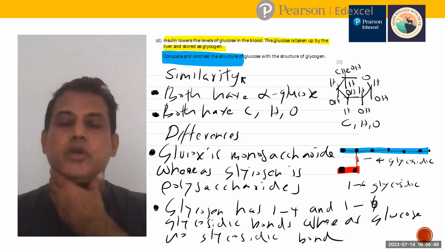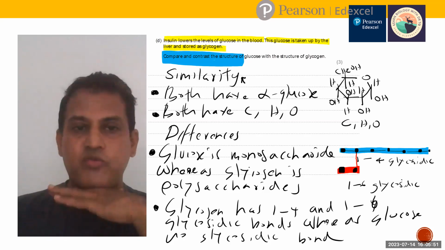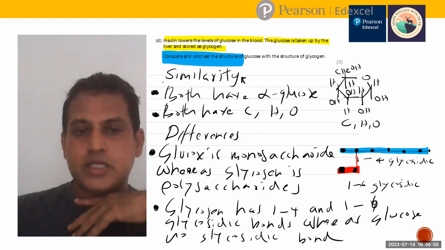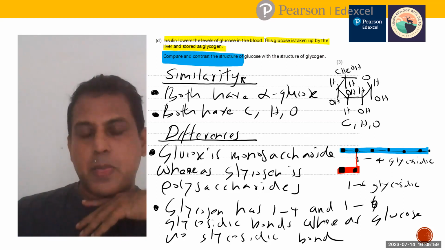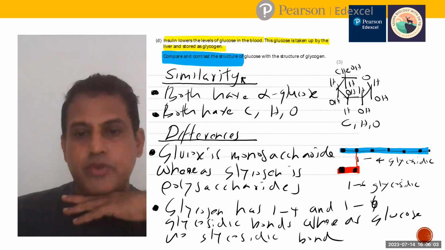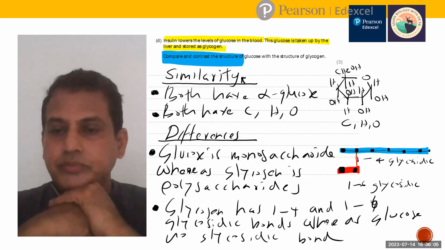So you can write your answer in this bullet form for a compare and contrast question, and you can also separate the headings similarity and differences. So this is very clear for the reviewer, and you can get the marks.